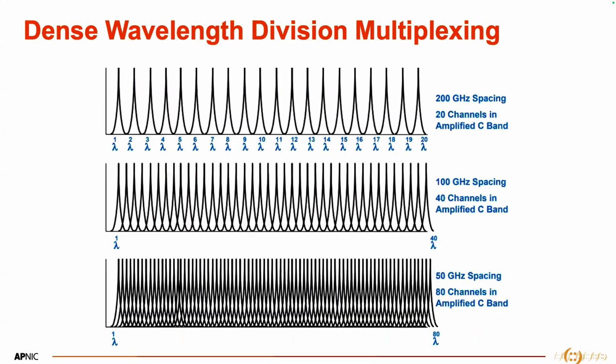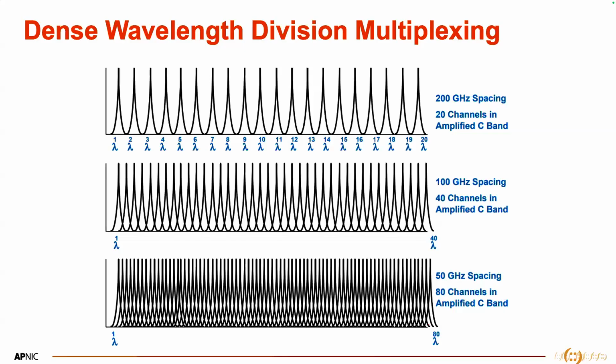If we take a look at different channel spacing, your traffic carrying spectrum will look like this. As you can see, for 200 gigahertz spacing, there are 20 channels in the C band. For 100 gigahertz spacing, there are 40 channels. For 50 gigahertz spacing, there are 80 channels.